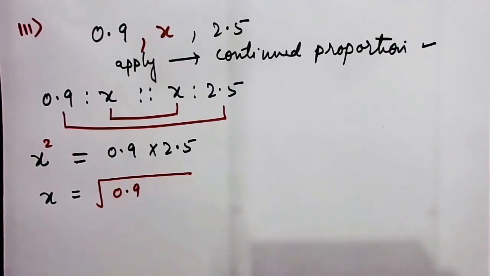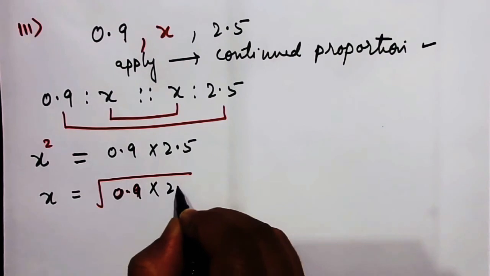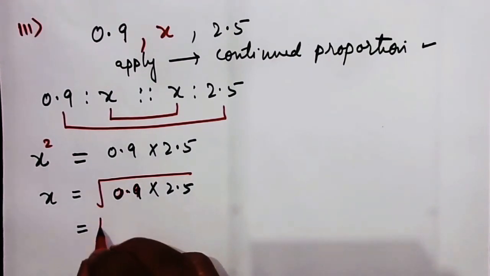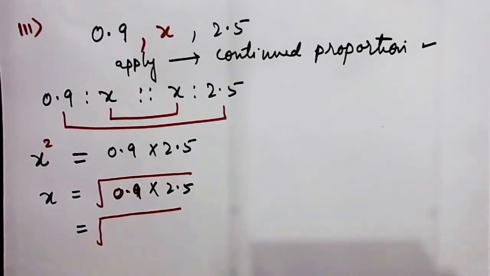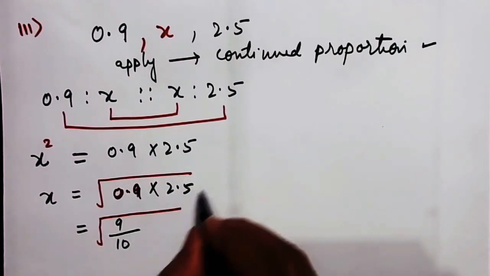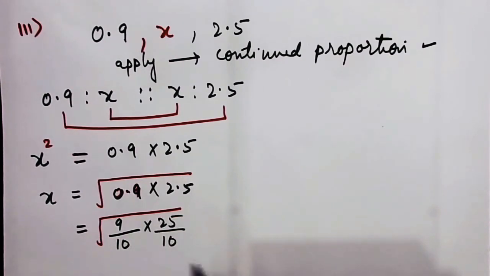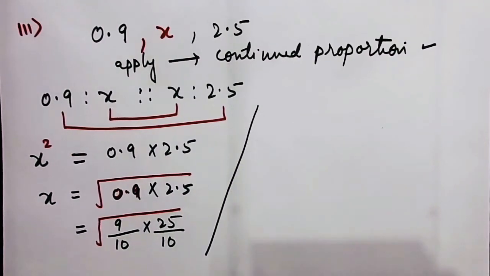So here x will be equal to the square root of 0.9 into 2.5, which is equal to the square root of 0.9 written as 9 by 10, and 2.5 written as 25 by 10. Now let's multiply and solve it.